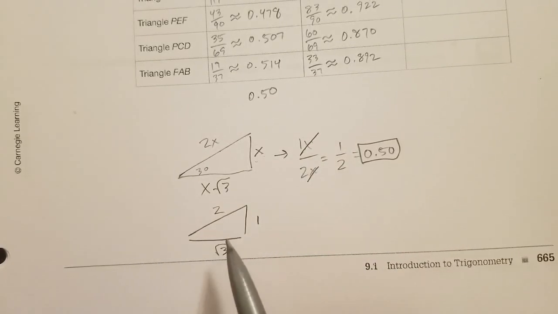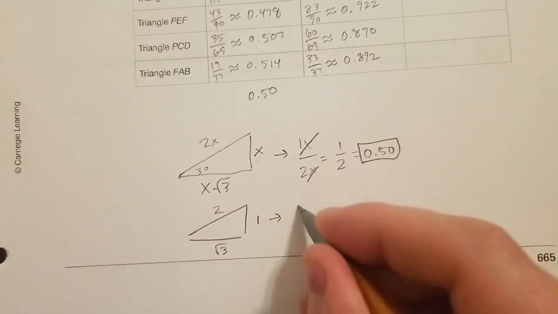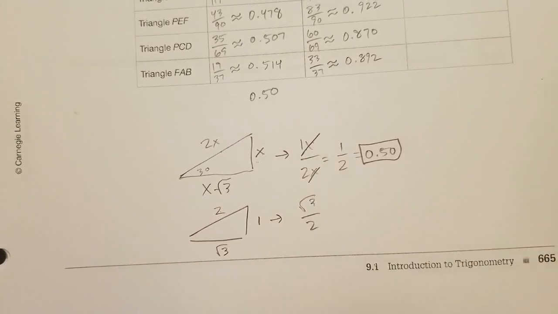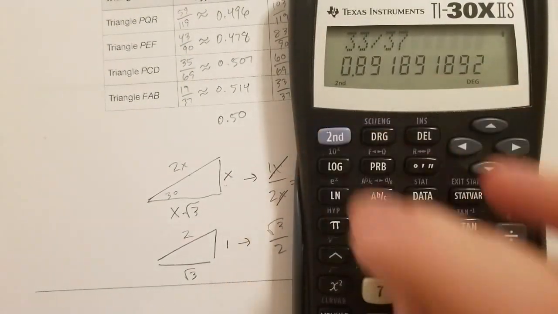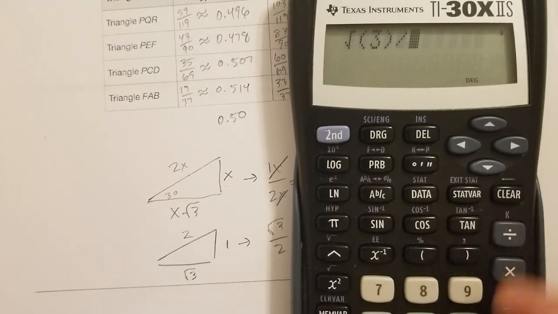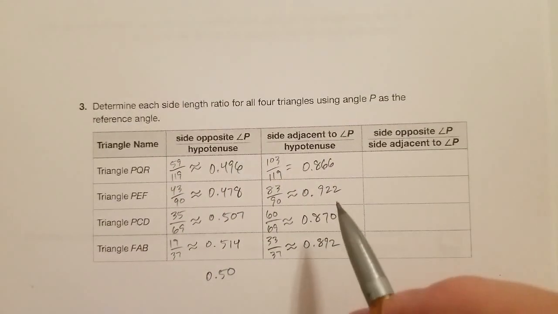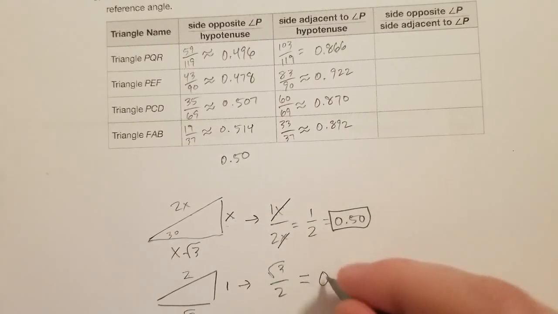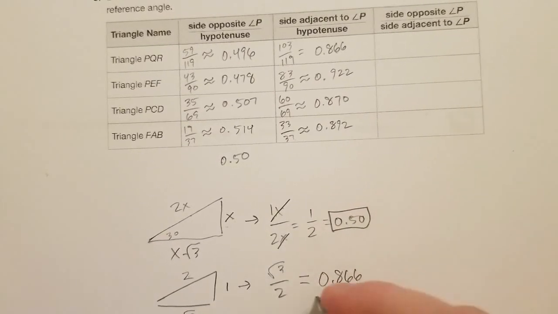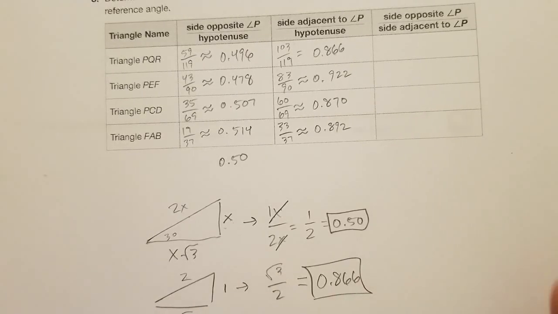So if I'm doing the adjacent divided by the hypotenuse, I'm doing rad 3 over 2. And what I should be getting is something very close to rad 3 divided by 2, which is 0.866. And that's exactly what I got for the very first one. That's pretty close. So all of those answers should be pretty close to this.